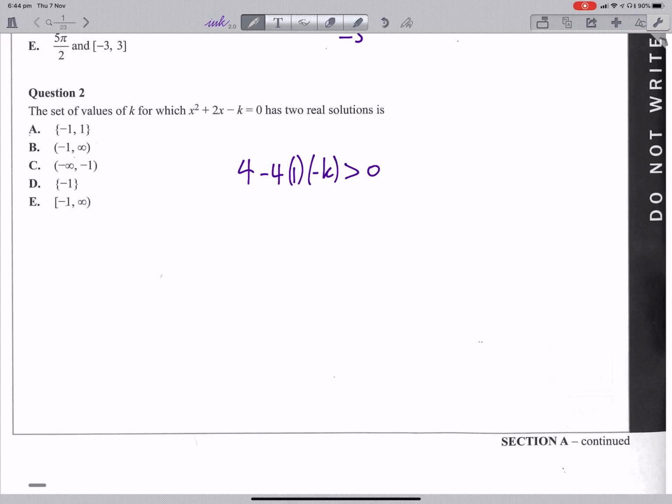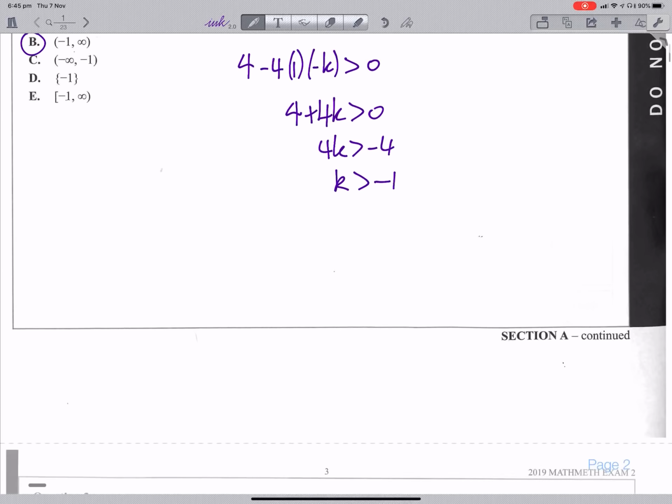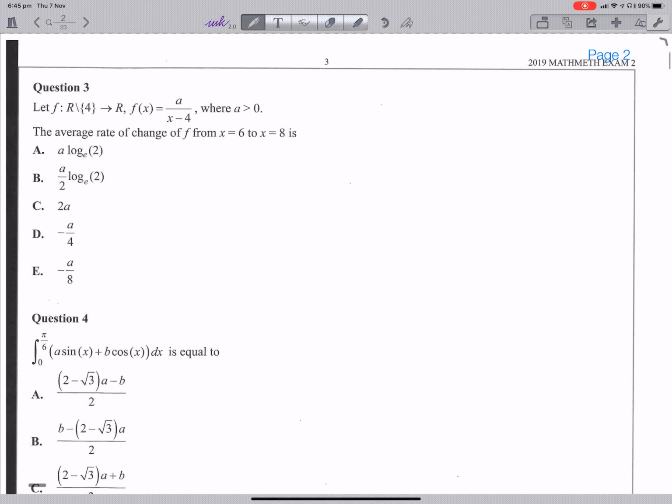So 4 plus 4k is greater than 0, 4k is greater than -4, k is greater than -1. It can't equal -1 because we want two solutions.